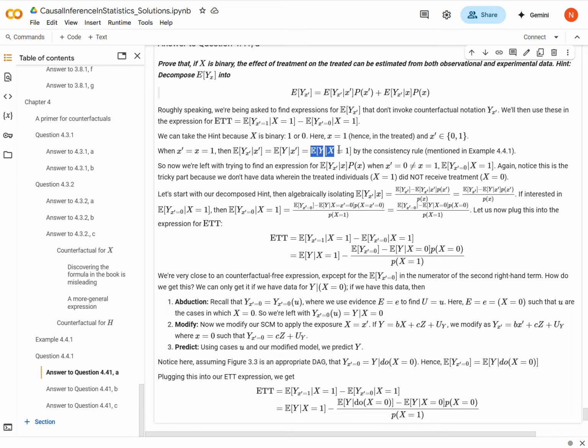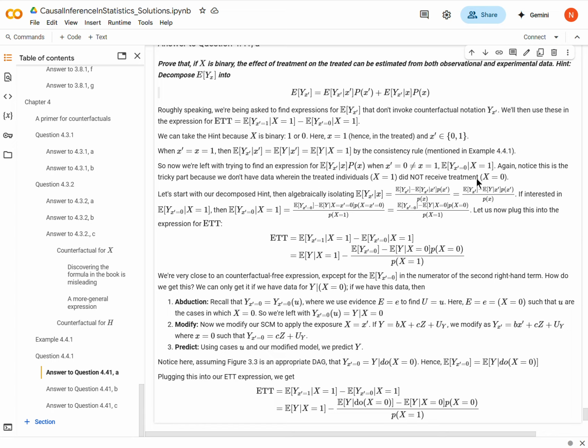We've already found that, right? It's just the expression we already found earlier by the consistency rule. Okay, so we have that. So now this is a general form of the expression, where I'm just using x and x prime.